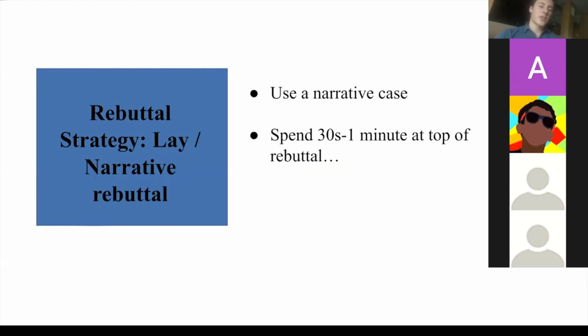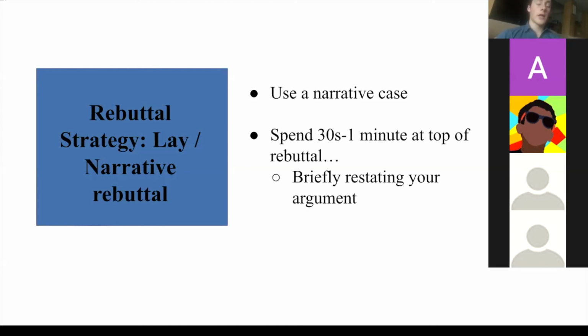So how do you execute the strategy in the rebuttal that is based off of that case? You want to spend 30 seconds to a minute at the top of the rebuttal doing a couple of things. You want to be briefly restating your argument in case specifically, because again, repetition is key. And what you're about to do is weigh your argument.